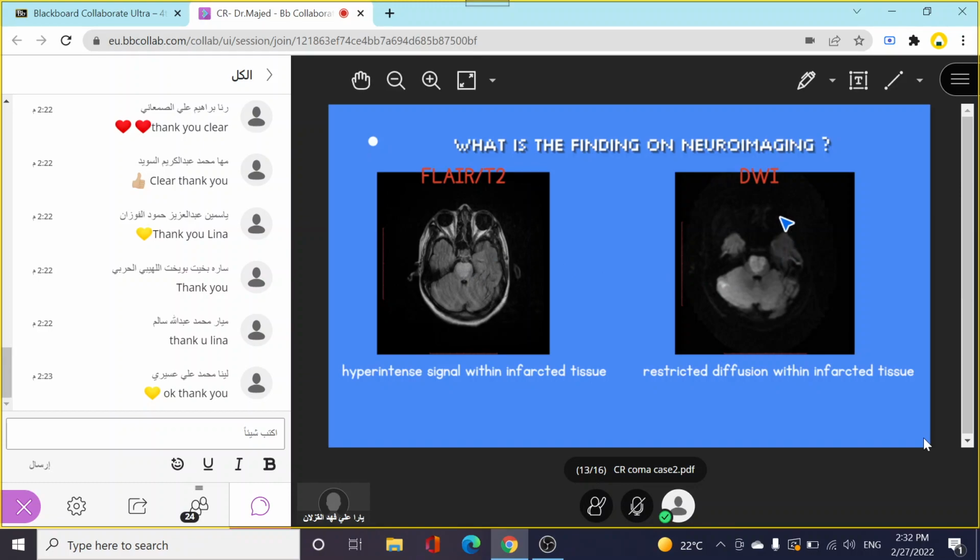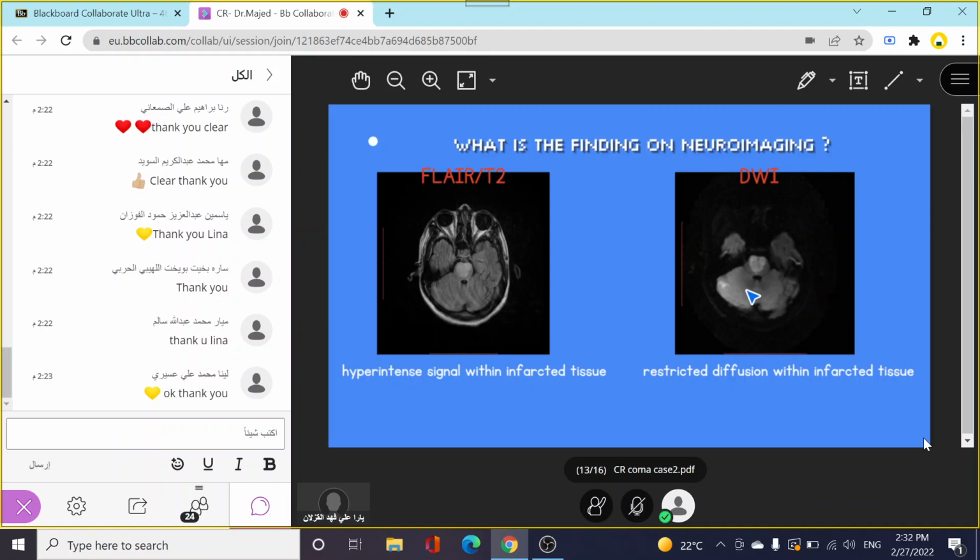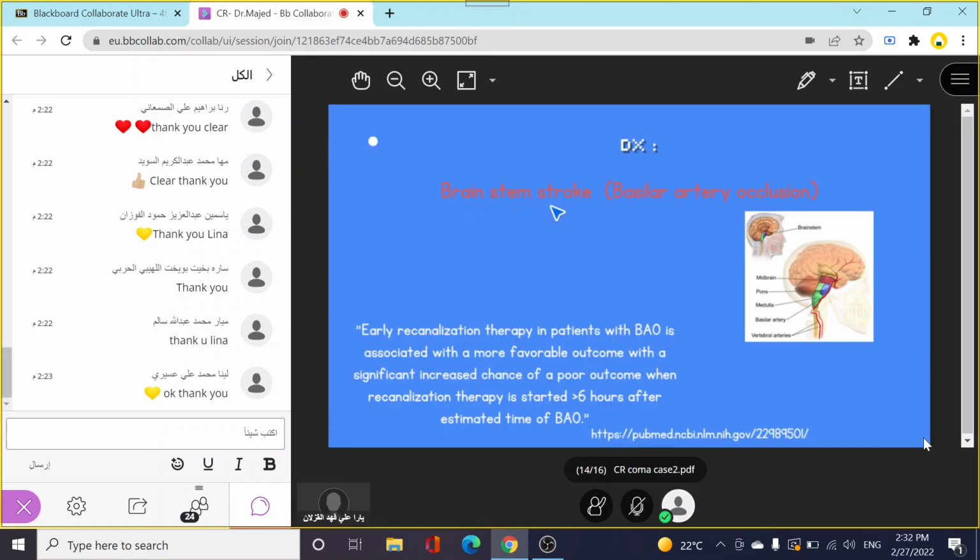And the DWI shows restricted diffusion compared to the rest of the brain tissue. All of these, this one in particular, are very sensitive and specific for brainstem stroke or basilar artery occlusion.